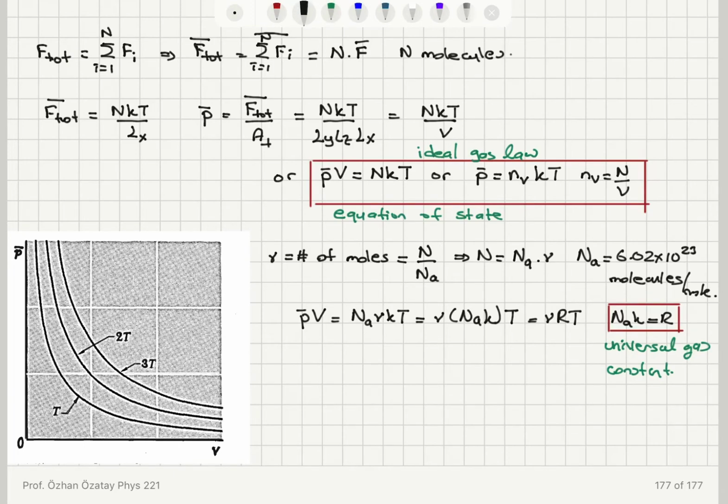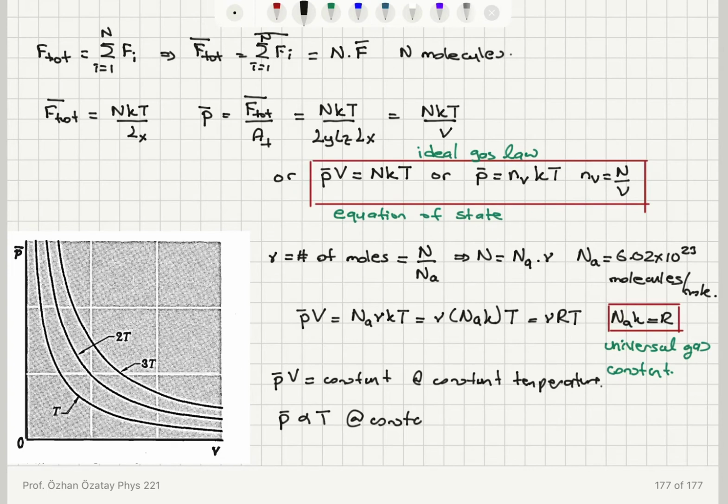So if you look at this relationship, PV is going to be a constant at constant temperature. If you plot P as a function of V at constant temperature, you would get a hyperbola. If you have a constant volume, P would be increasing with absolute temperature linearly.